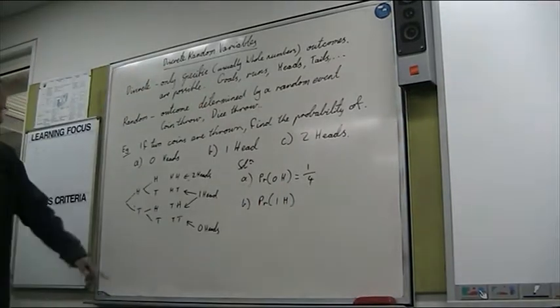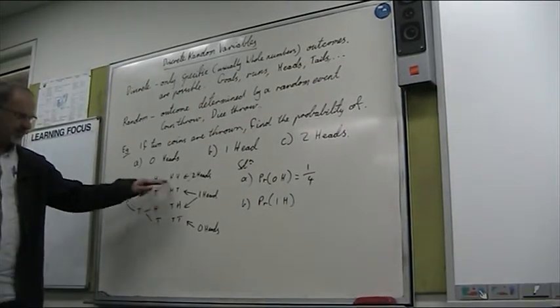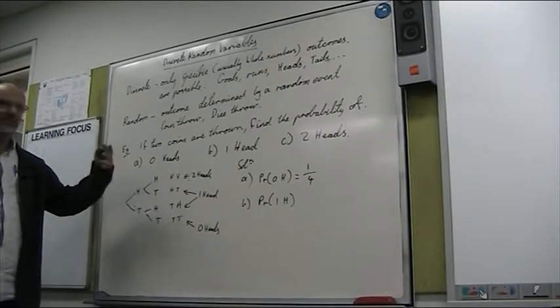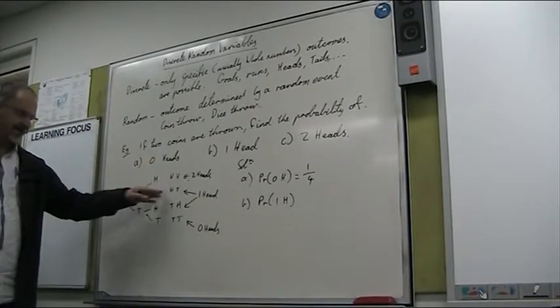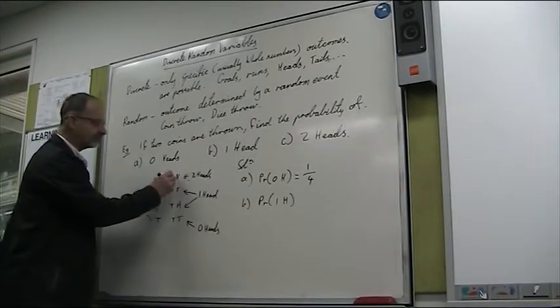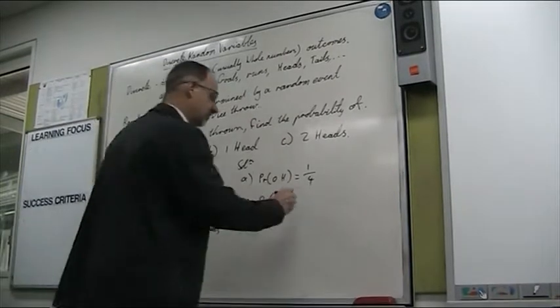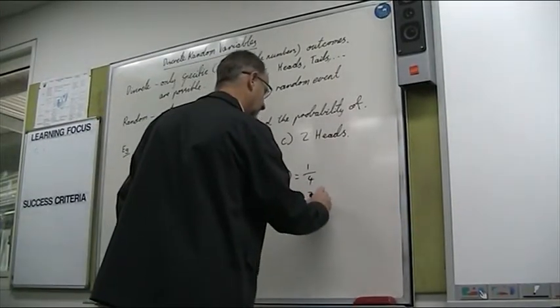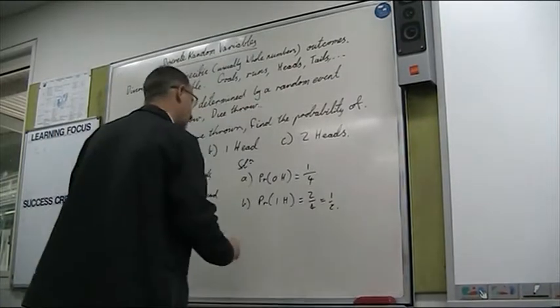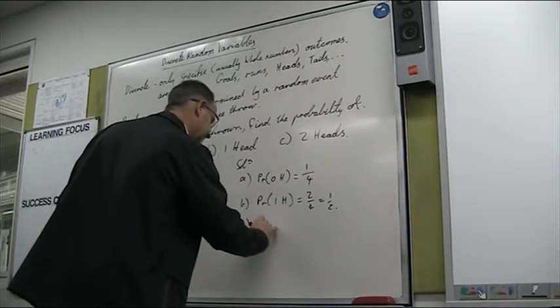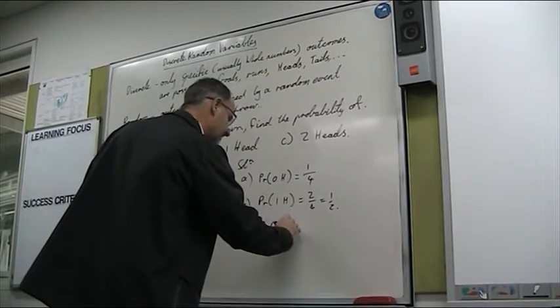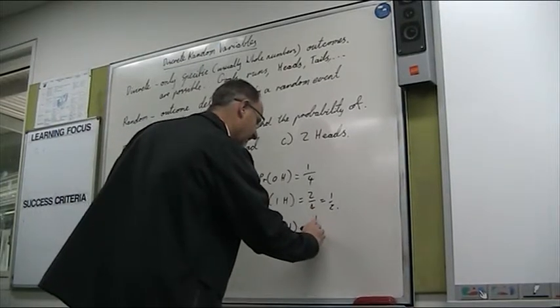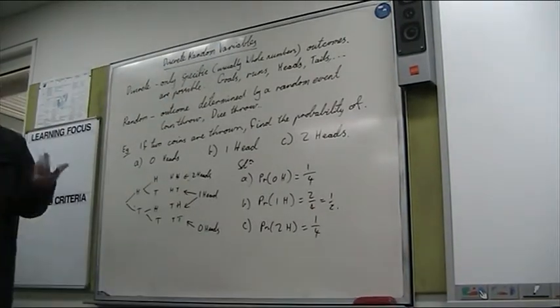Probability of 1 head, and then we have a look. There's 2 ways we could get 1 head. It's not specific about which way around, just that there's a head. So there's 2 of those out of the 4, which is a half. And the last one, where we get 2 heads, there's 1 out of the 4 there.